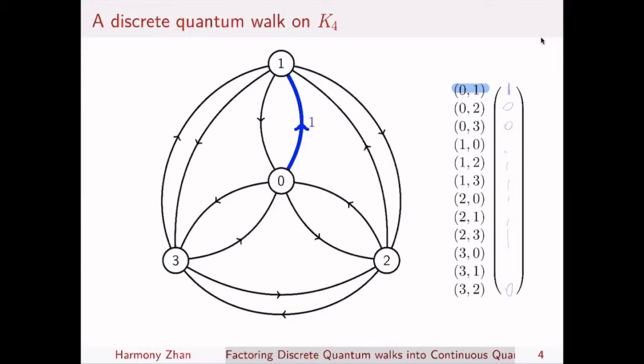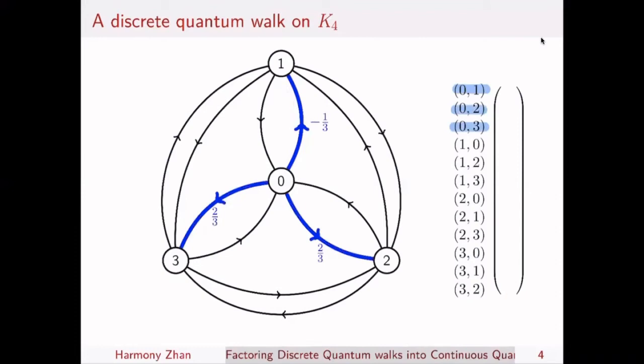In the quantum case, we define a quantum coin that introduces some quantumness. And that coin now has to be a unitary operator. So basically what it does in this specific model is it maps every arc to a linear combination of all the arcs from the same outgoing vertex. For example, here, before I was standing on this arc, from 0 to 1, so the tail of this arc is 0, right?